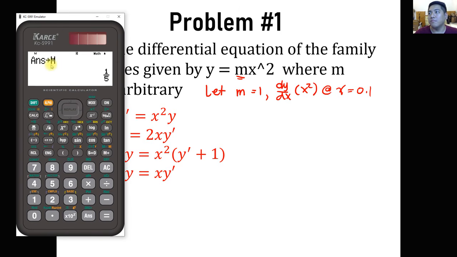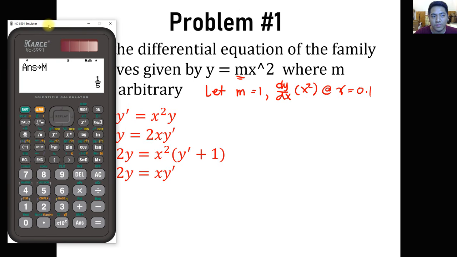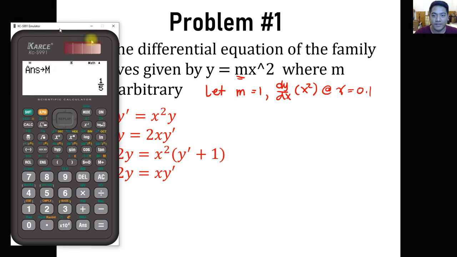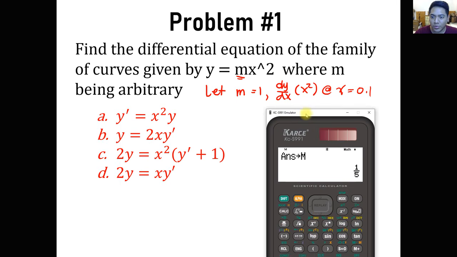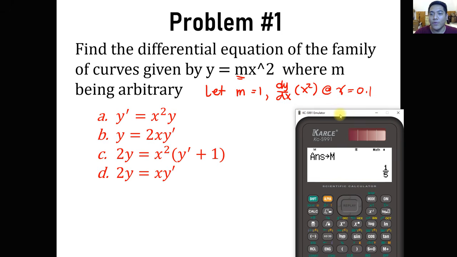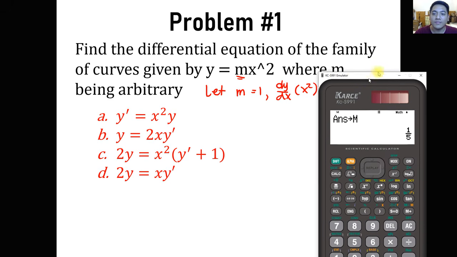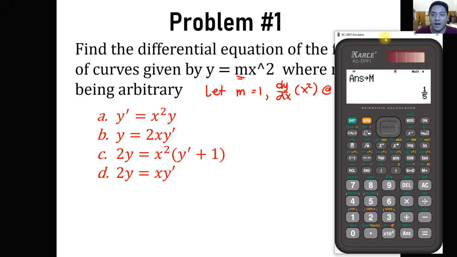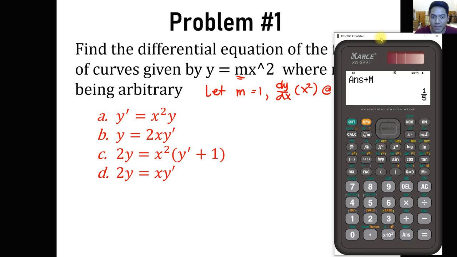Take note that the variable m is the slope, the first derivative. You can store it to any other variable, but we store it to m to be reminded that this is the result of y prime.